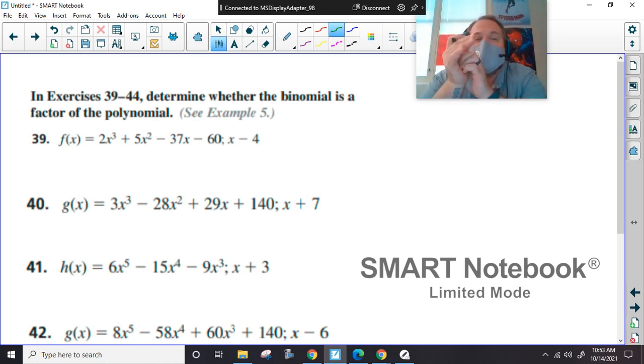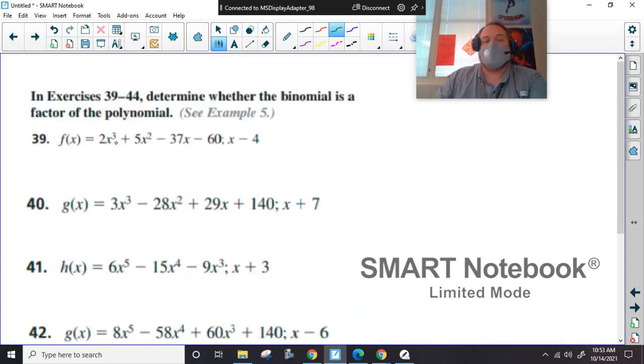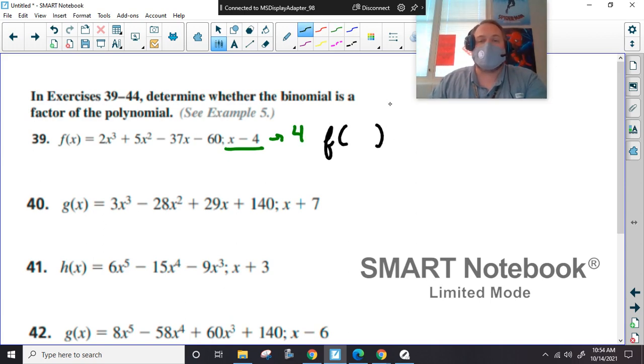Our directions say determine whether the binomial is a factor of the polynomial. So that's exactly what we just did. This is the only thing that you're doing on your own today. Okay, so first, everybody, what is the opposite of -4? All right, so we are going to take everywhere we see x and put a 4.